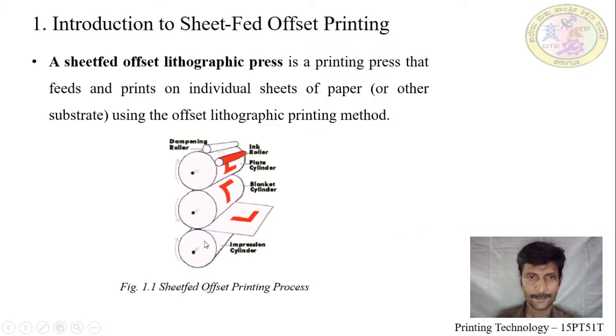If sheets are passed in between the impression and blanket cylinders, then with the nip pressure, the image transfers from the blanket cylinder onto the substrate. This is how the sheet-fed printing process takes place. Later, I will show you a video of how the sheet-fed offset printing press works.